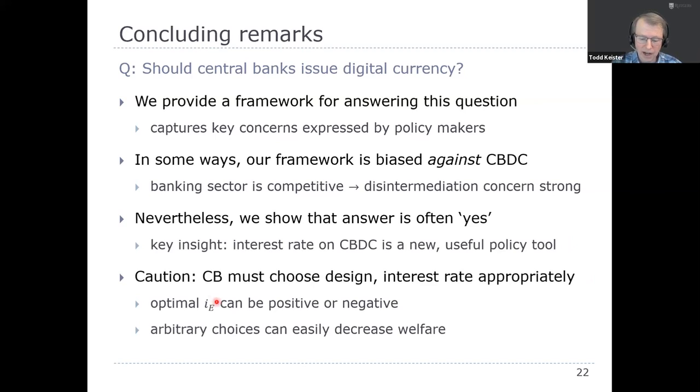In particular, the optimal nominal interest rate on digital currency could be positive or it could be negative, which echoes some of the comments in the first presentation. So arbitrary choices of introducing a digital currency and fixing the interest rate could easily decrease welfare. What we want to say is that under the appropriate design, the answer is often going to be yes, central banks should introduce digital currency.